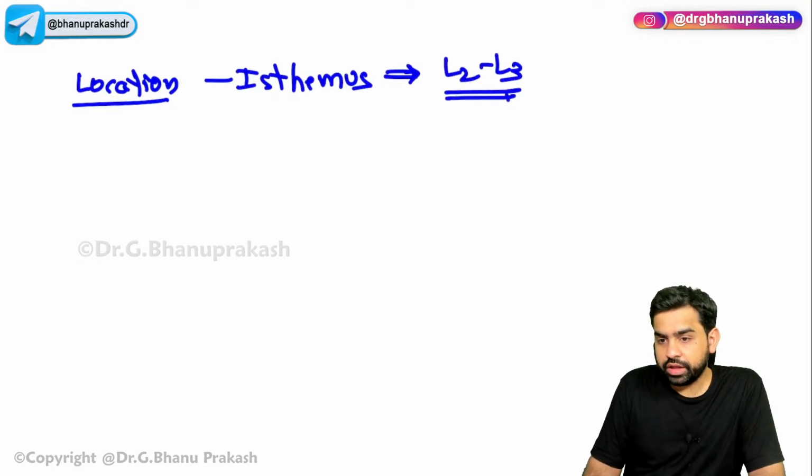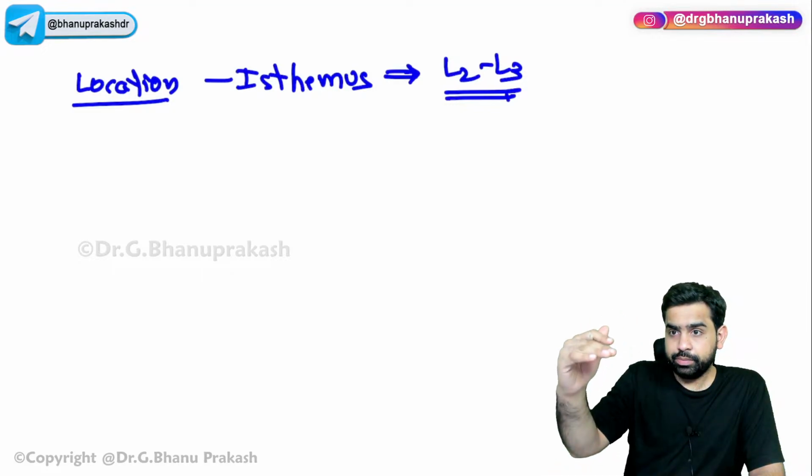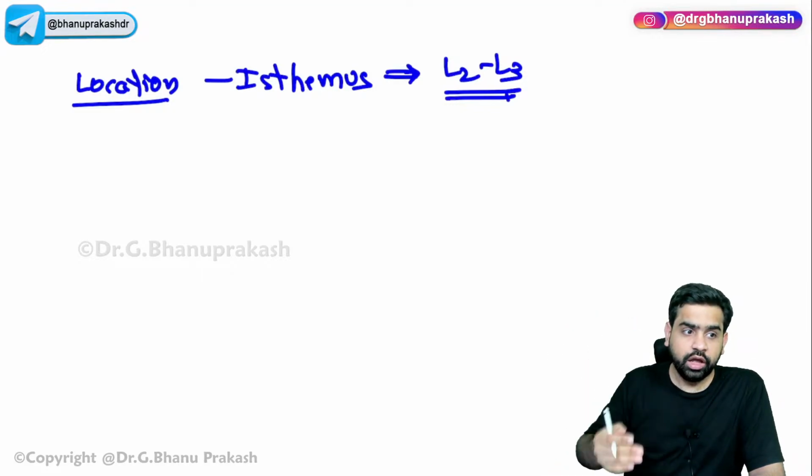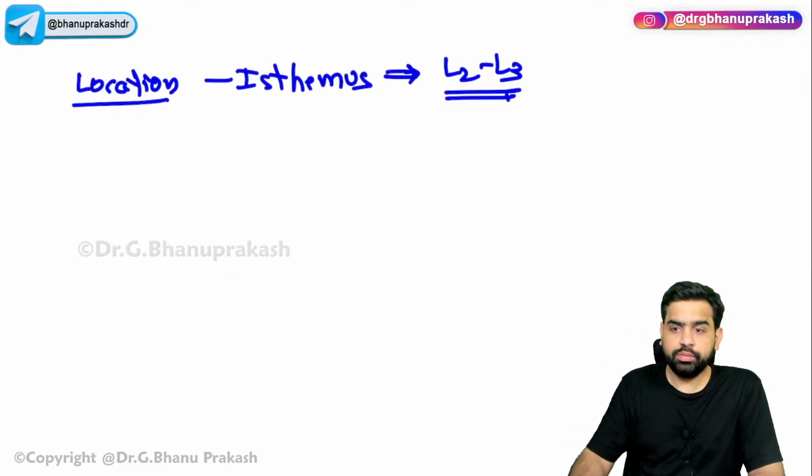Please try to understand. The inferior mesenteric artery arises at the level of L2 and the isthmus lies a level below that, because it is restricted by the inferior mesenteric artery. So the isthmus is going to lie at the level of L2, L3. I hope you have understood this point. This is a very, very important thing you need to understand about the horseshoe kidney.